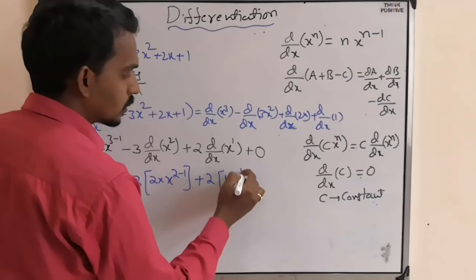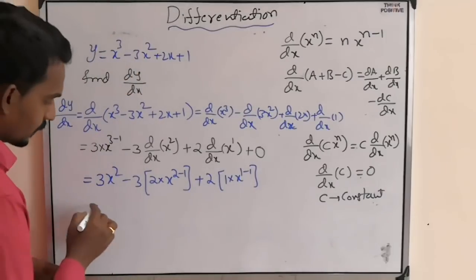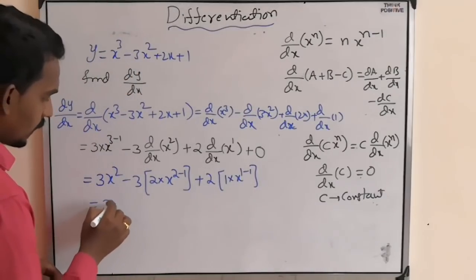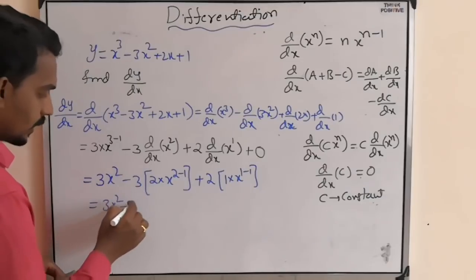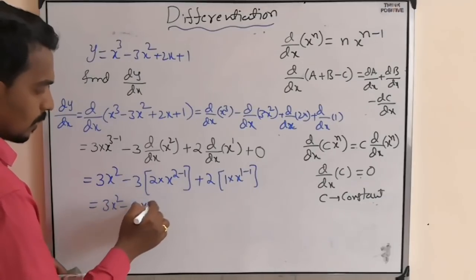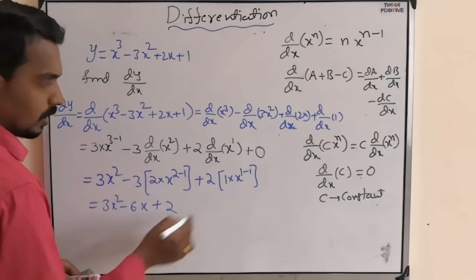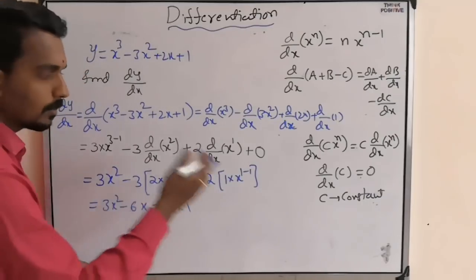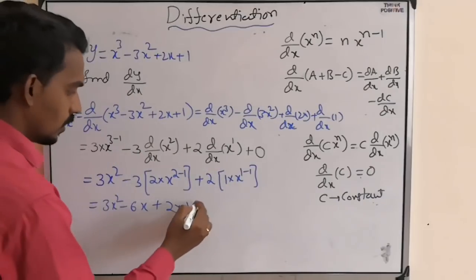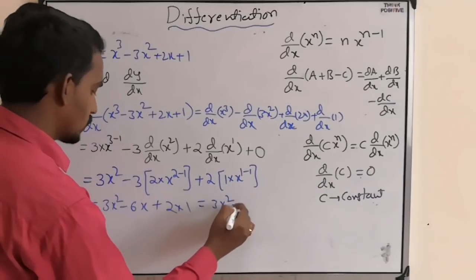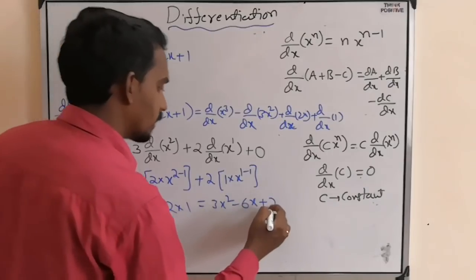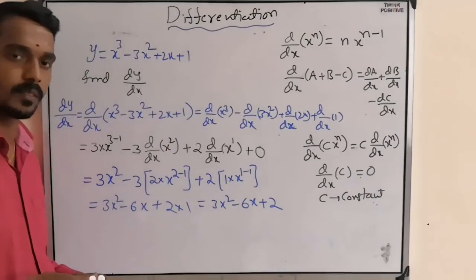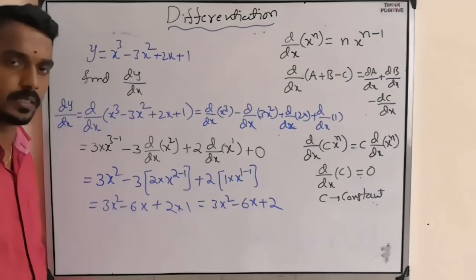So 1 into x power 1 minus 1 equal to 3x square minus 3 into 6x plus 2 into 1. x power 0, something power 0 is always 1. So equal to 3x square minus 6x plus 2. This is the differentiation.